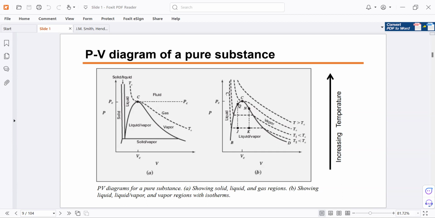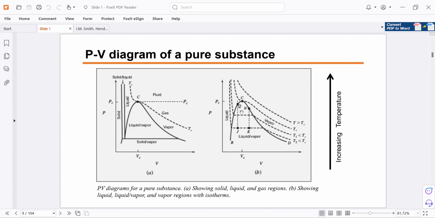It begins as a liquid, right here, and as it enters the curve, which is the equilibrium between liquid and vapor, the curve becomes a straight horizontal line, and then as it exits to the vapor, it's no longer a straight horizontal line.